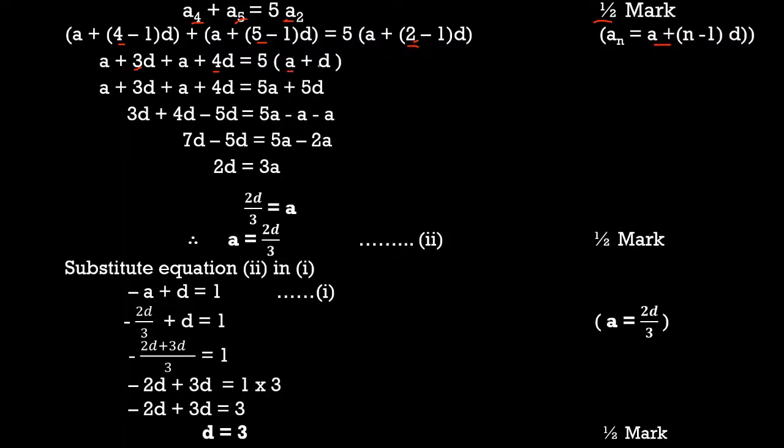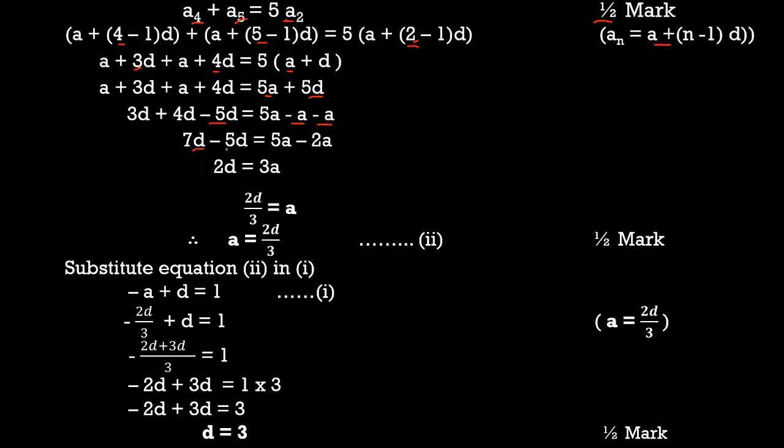Now multiply 5 into A is 5A plus 5 into D is 5D. Write 5D this side, plus 5D becomes minus 5D. Write A and A this side, becomes minus A and minus A. 3D plus 4D is 7D.